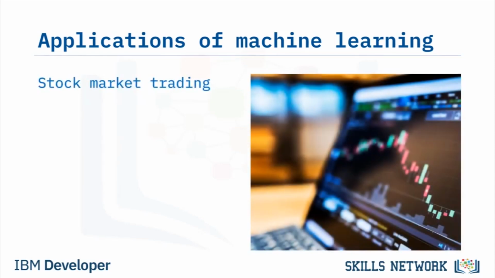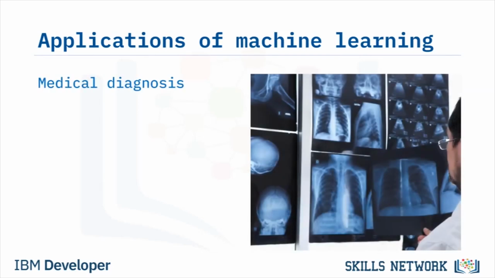Machine learning is also used to find trends and patterns in stock data that can help decide which stocks to trade or which prices to buy and sell at. Another use for machine learning is to help identify cancer in patients. Using an X-ray scan of the target area, machine learning can help detect any potential tumors.